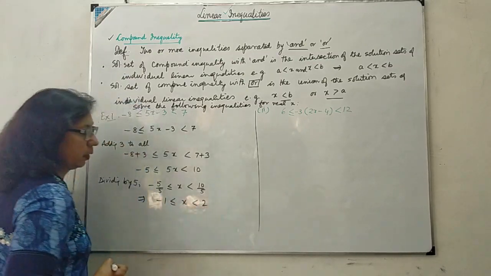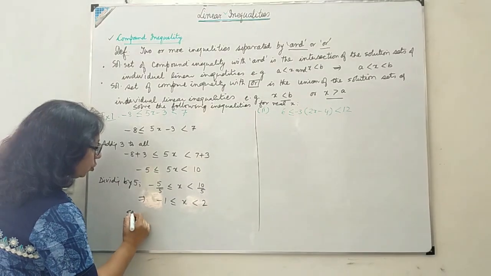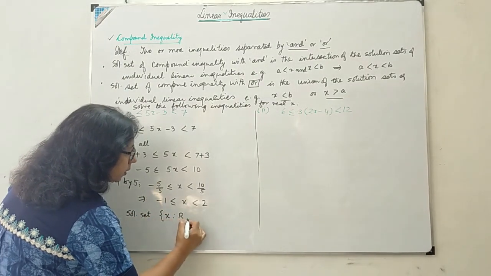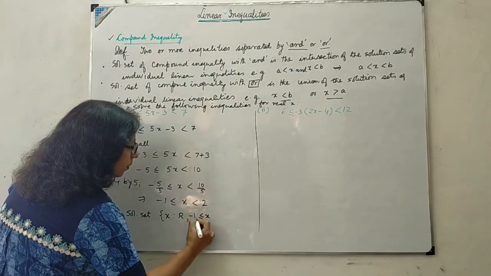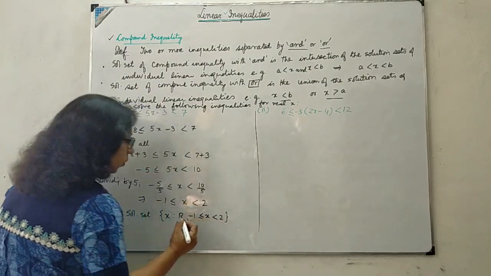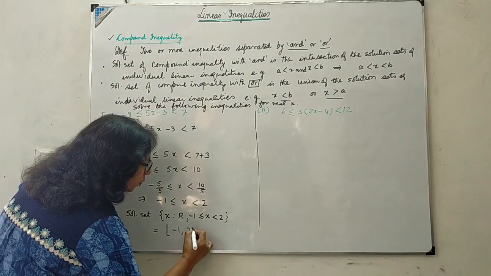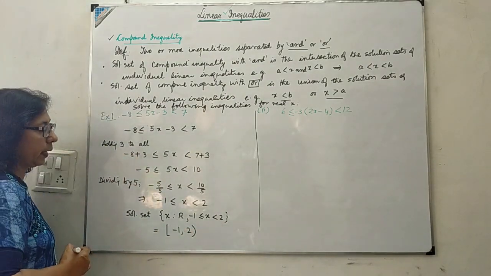that means minus 1 less than or equal to x less than 2. Now we have the solution set as all the real numbers such that x is lying between minus 1 and 2, including minus 1 as well. It can be written in interval form as minus 1 to 2, with a closed bracket on one side and an open bracket on the other.